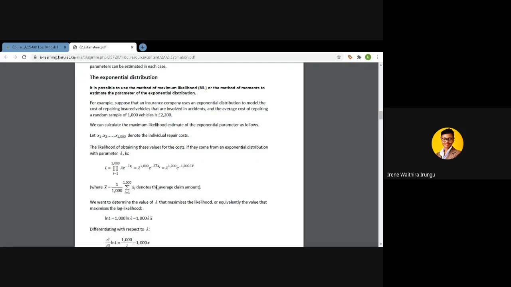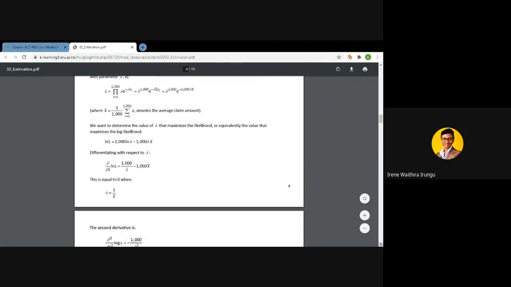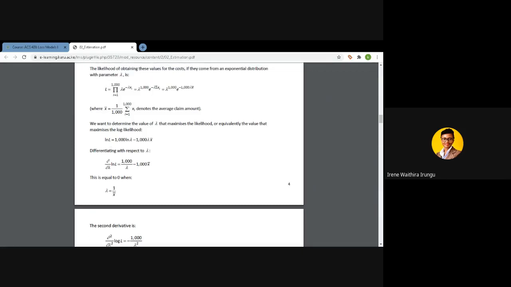So we now have our likelihood function, and our next step, based on the maximum likelihood estimation method, is now to determine the log of the likelihood. So the log of the likelihood means simply we take the natural log of this likelihood function.